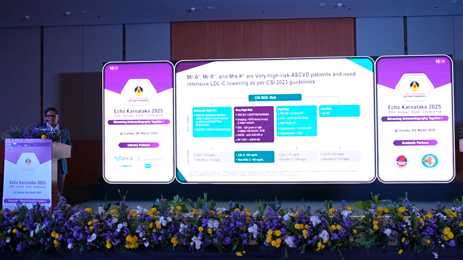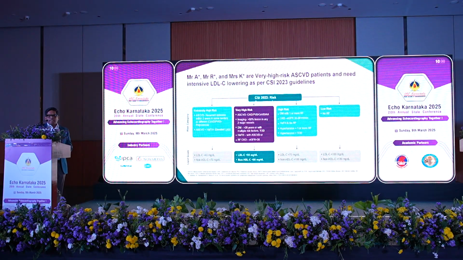Patients who are at high risk, those who have diabetes with 1 or more risk factors, or CKD with an eGFR of 30 to 59, or familial hypercholesterolemia without any risk factors, or hypertension plus 1 more risk factor, or hypertension with target organ damage, have a target LDL cholesterol of less than 70 milligrams per deciliter, and non-HDL cholesterol should be less than 100 milligrams per deciliter.